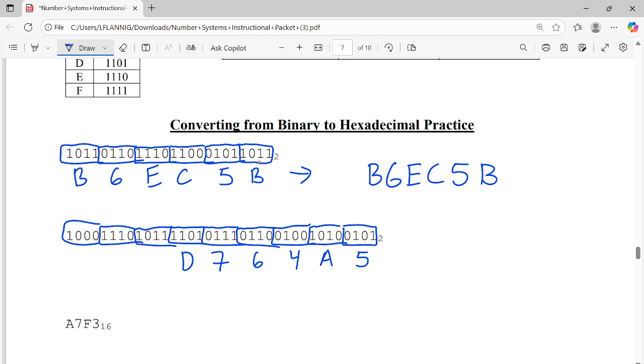And then we have 1011, I'm pretty sure that is 11, so that is B. And 1110, that is 14, or E. And then 1000, that is 8. So if you're going to invert this, we have 8, E, B, D, 7, 6, 4, A, 5.